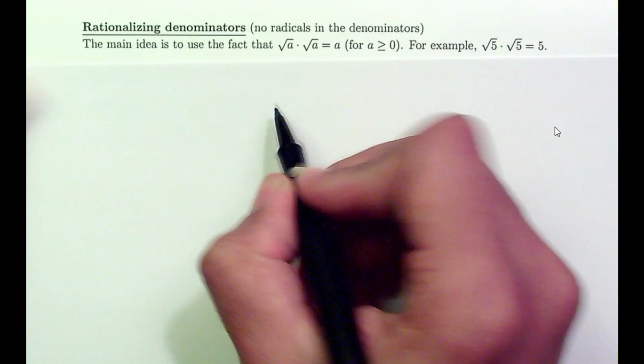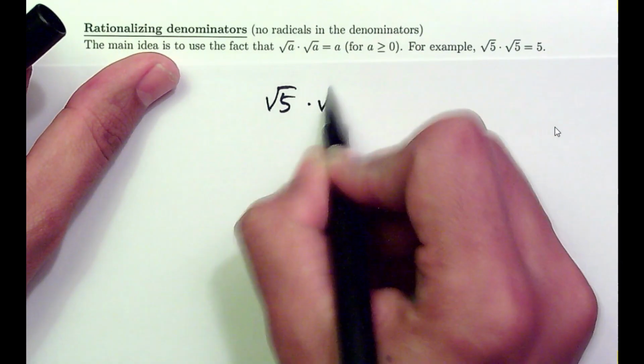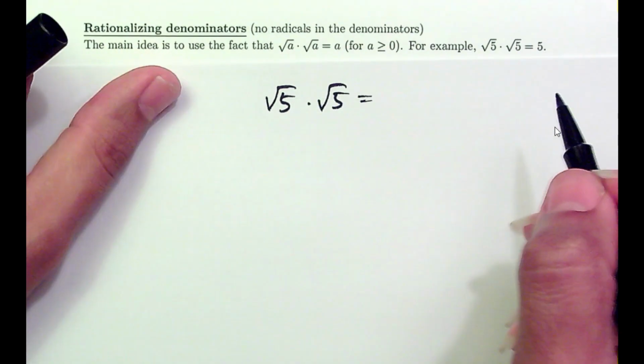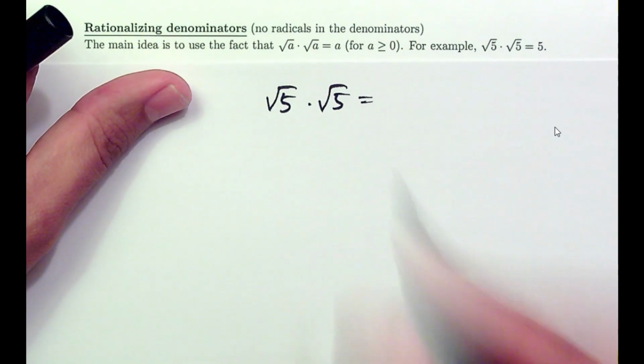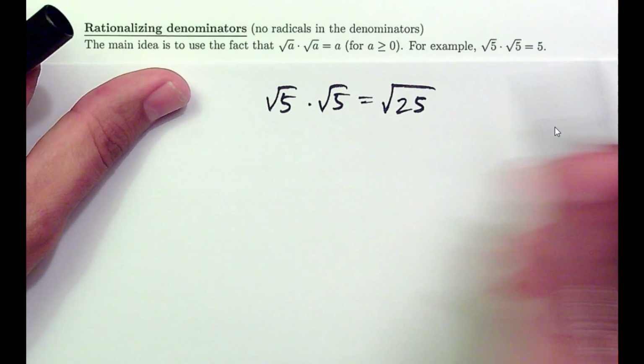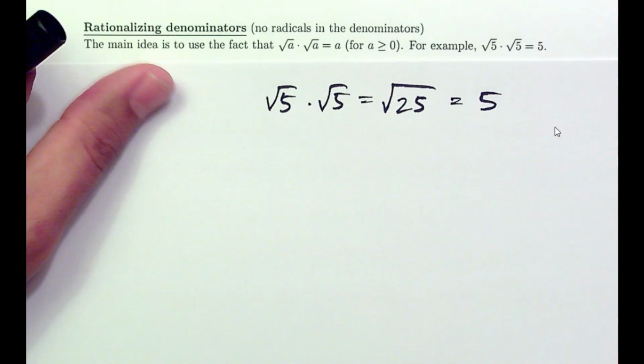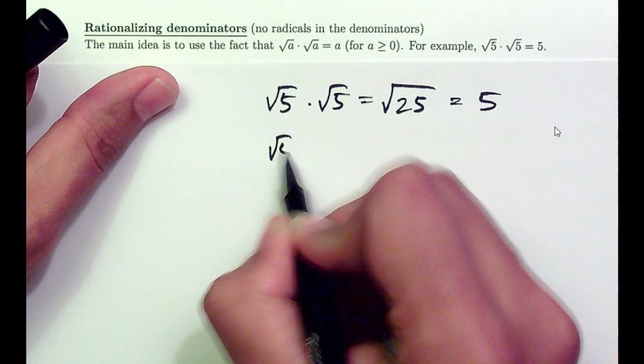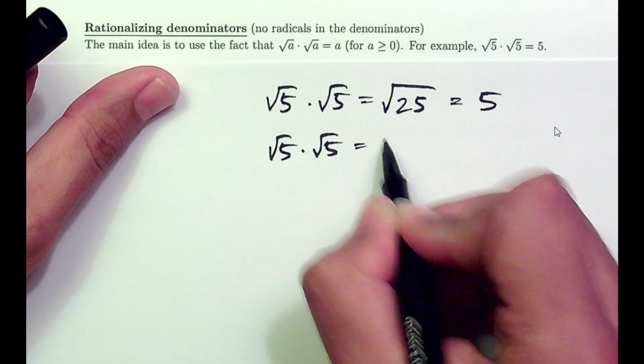So for example, the square root of 5 times the square root of 5, well, there's the properties of radicals that says that I can combine these two together. So this is square root of 25, which is 5.